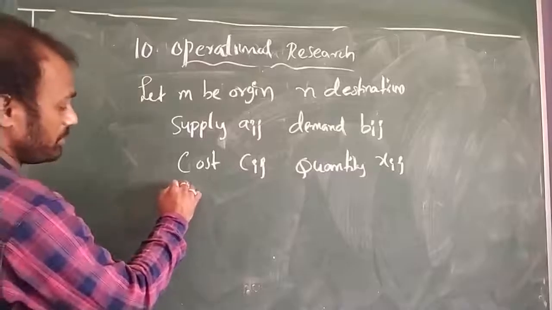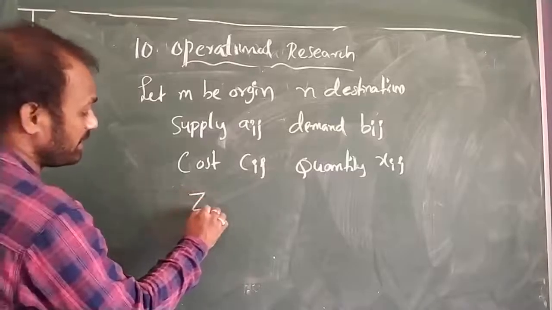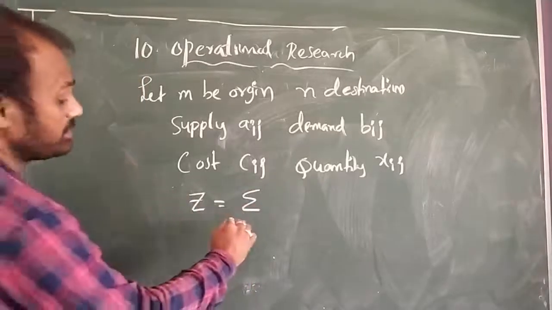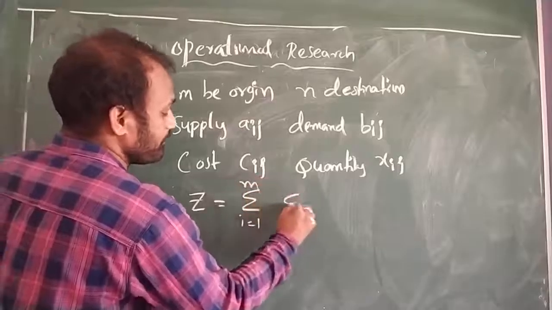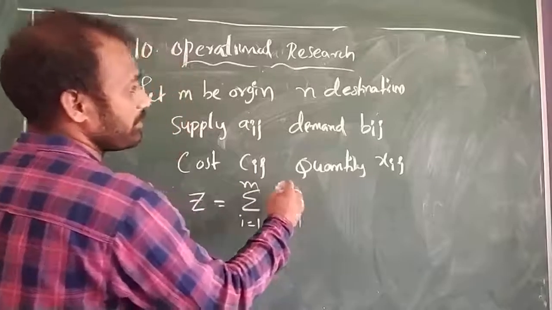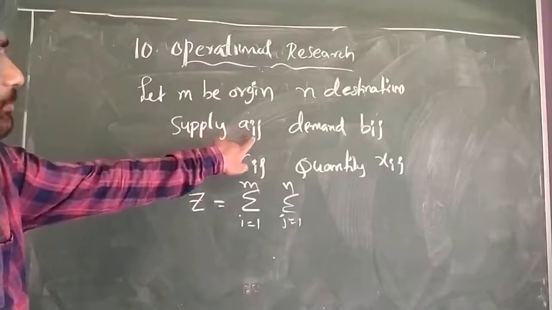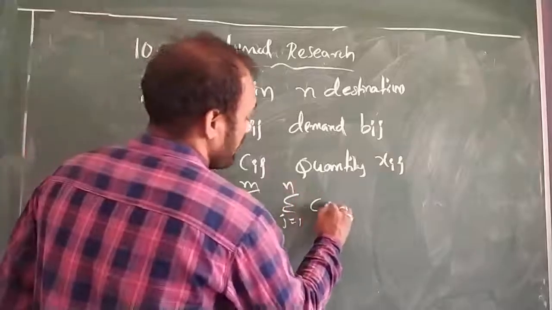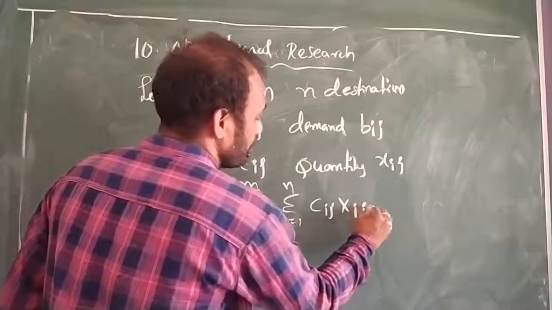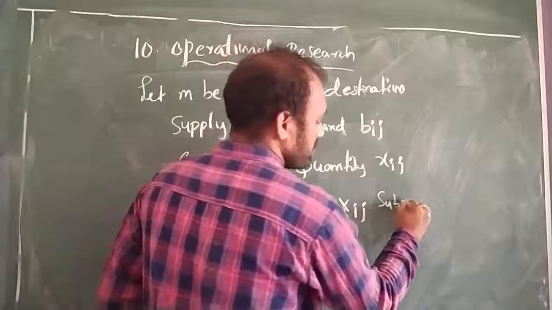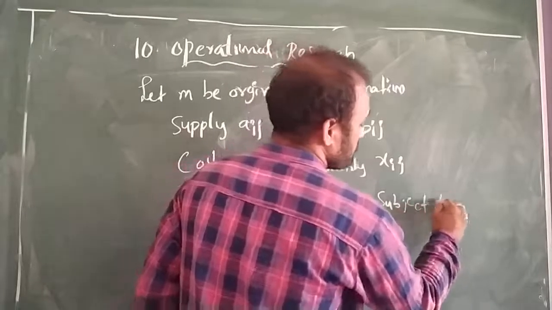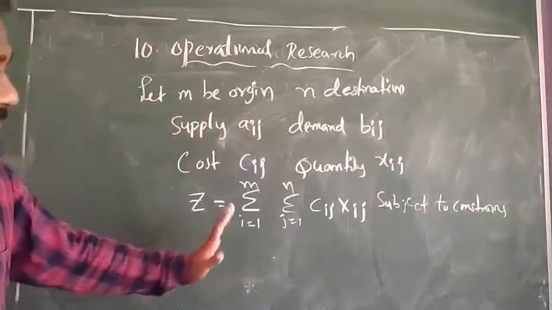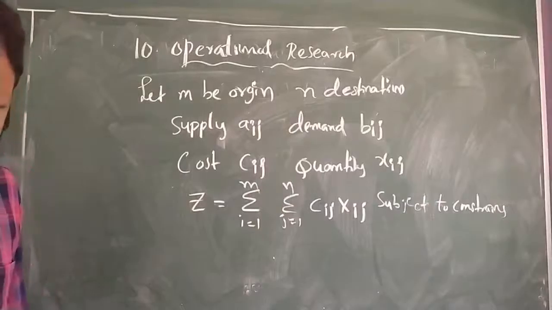The objective function is to minimize Z equals summation i equals 1 to M, j equals 1 to N, Cij into Xij, subject to constraints. Why do we write i equals 1 to M? Because of the supply and the demand. The constraints may change for every question; depending upon the number of rows and columns, this formula will change.